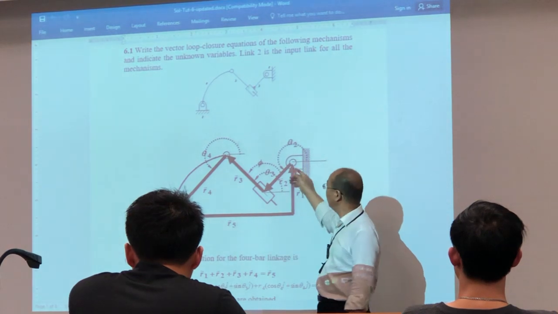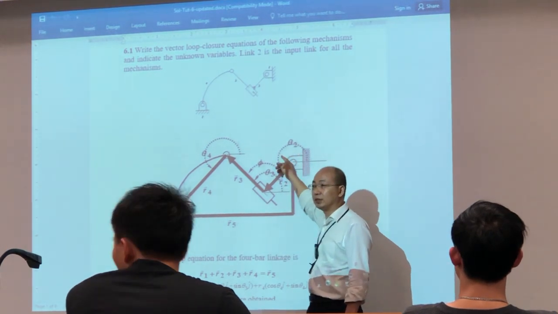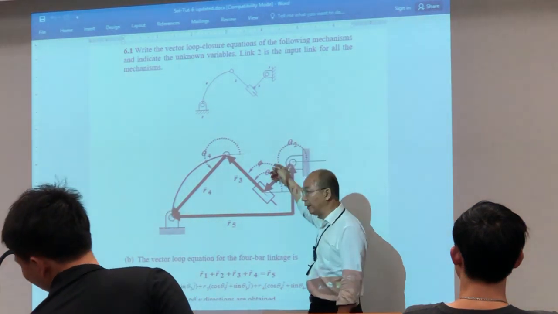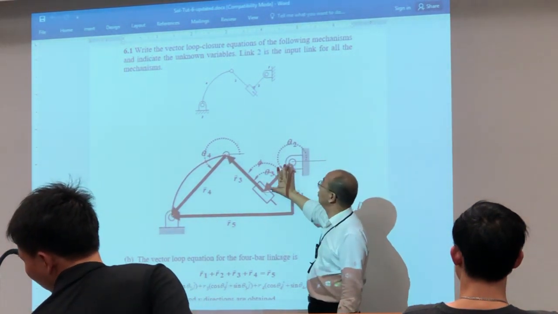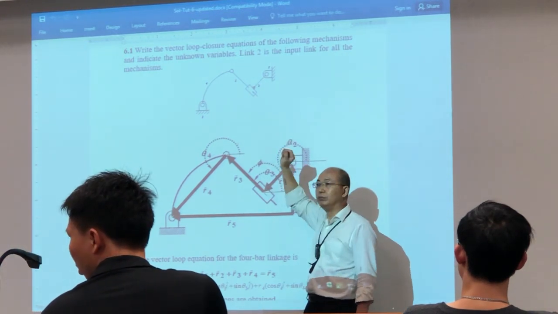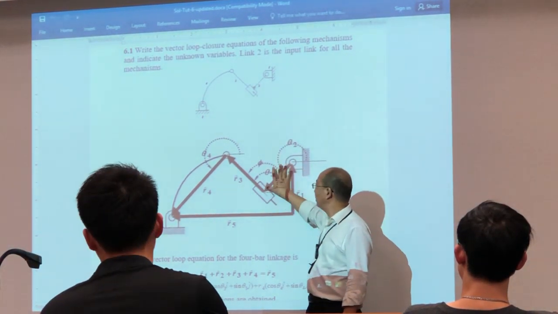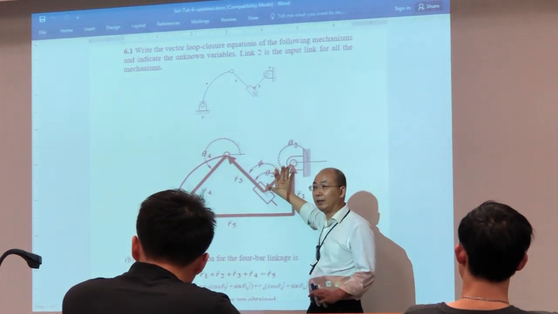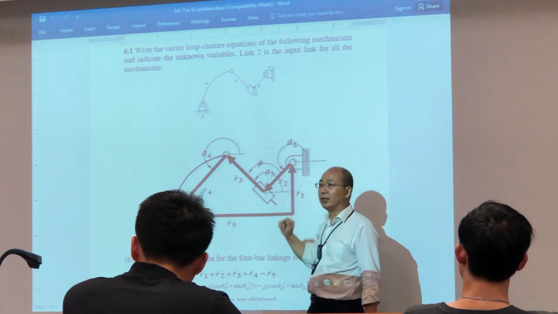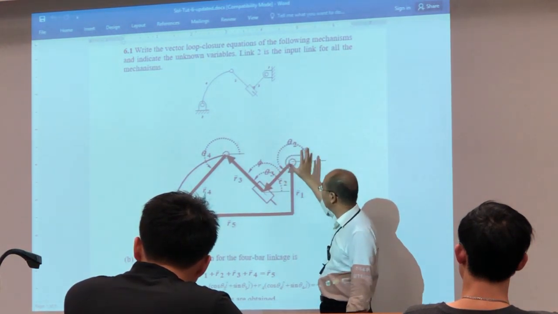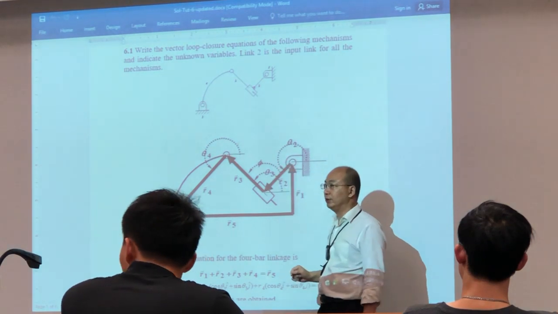Okay, so now theta 2 is given. How about R2? R2 is the length of link 2. Is the length of link 2 changing? No, it's a constant, right? So R2 is not an unknown, it's given, right?